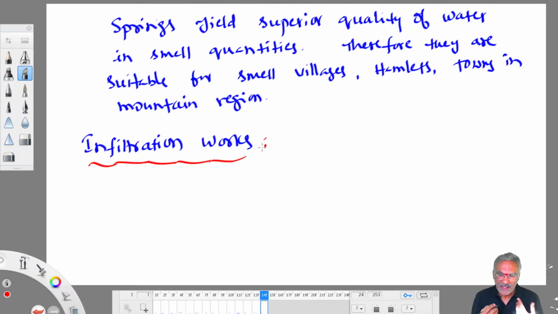Understood? Infiltration works. There are two types of infiltration works you can think of. One is infiltration galleries and the other one is infiltration wells.